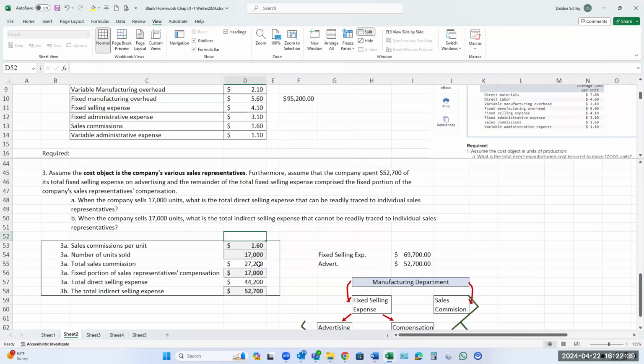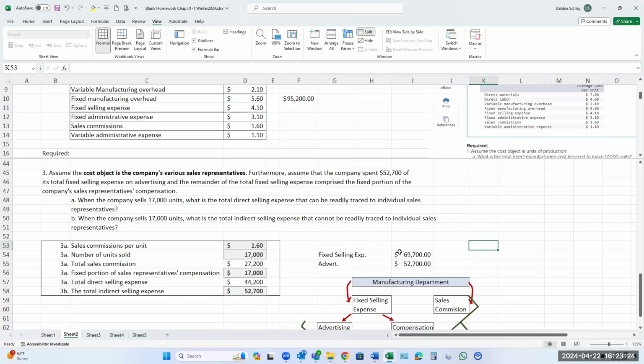The fixed portion of the sales representative, where did that come from? Okay, so I need to figure out my fixed selling expense, which was the $4.10 times the 17,000 units. And then they tell me the company spent $52,700 of its total fixed expenses on advertising, and the remainder of the total fixed selling expense is comprised of the fixed portion of the company's sales representative's compensation.